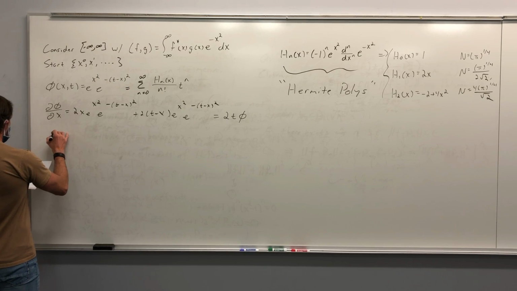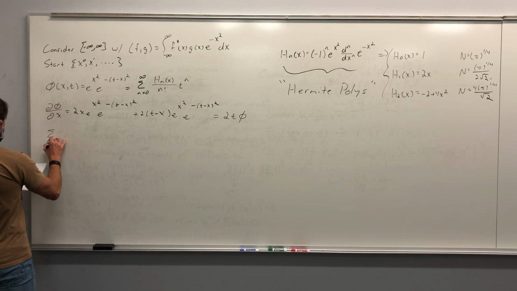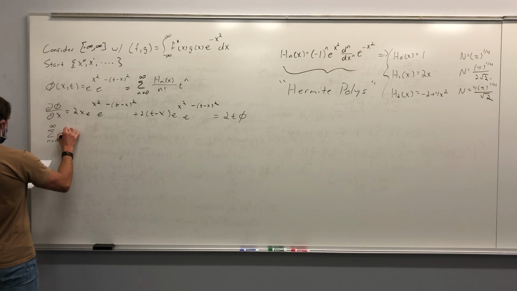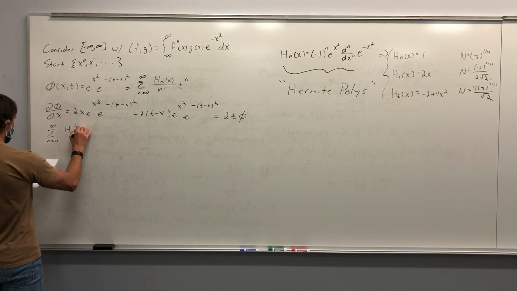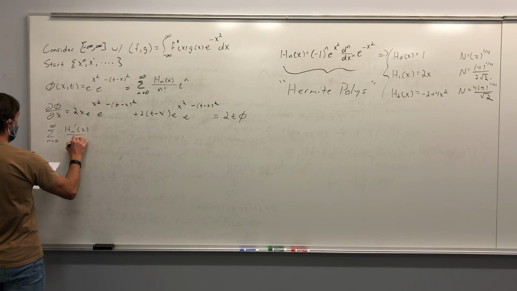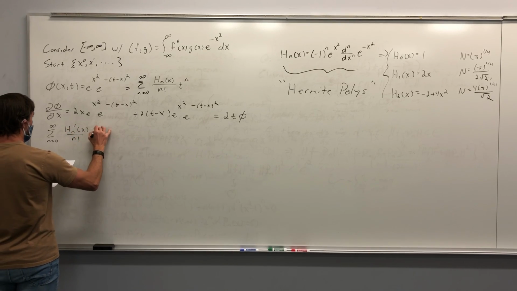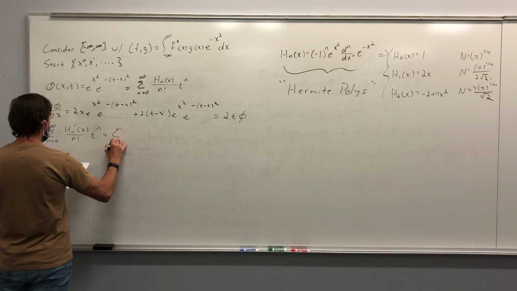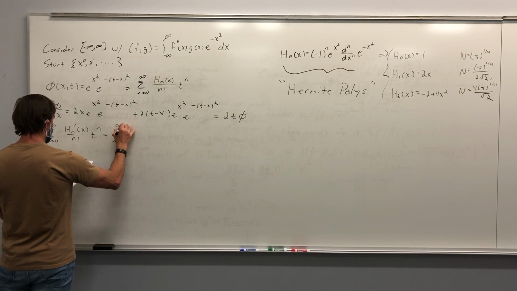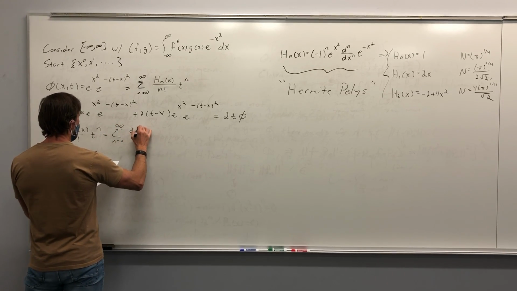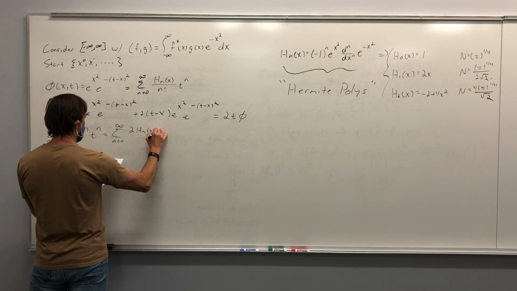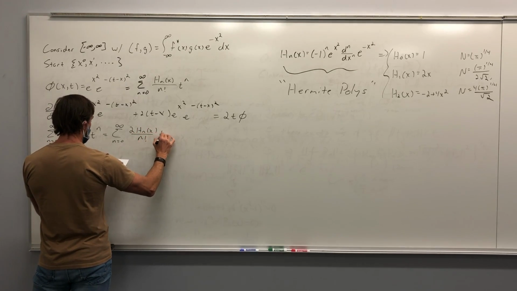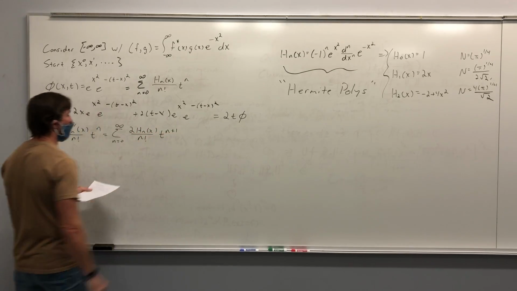But that tells me that the sum from n equals 0 to infinity of h_n prime of x over n factorial t to the n is equal to the sum from n equals 0 to infinity of 2 times h_n of x over n factorial t to the n plus 1.